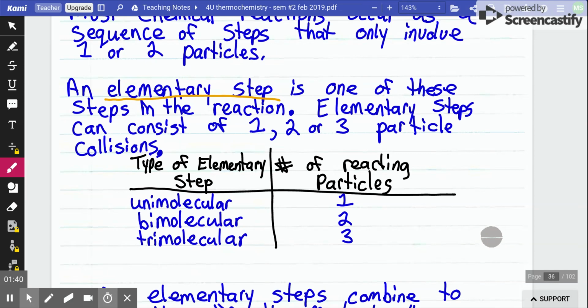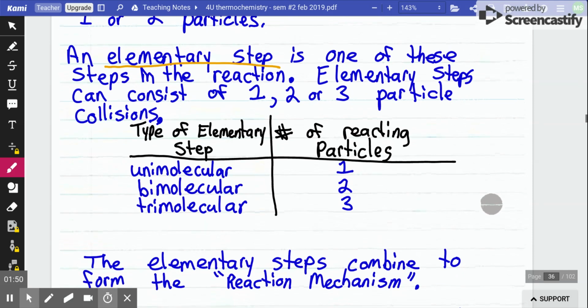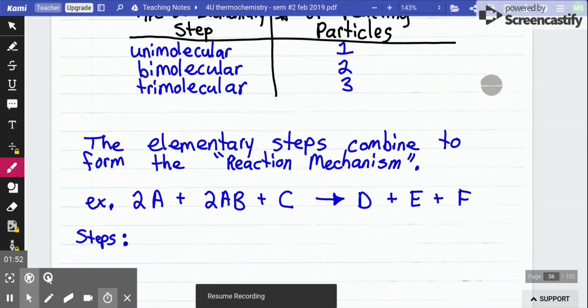When we have a series of elementary steps that combine for a reaction, it forms this thing called a reaction mechanism. So we're going to look at a fake reaction and the reaction mechanism for this fake chemical reaction.